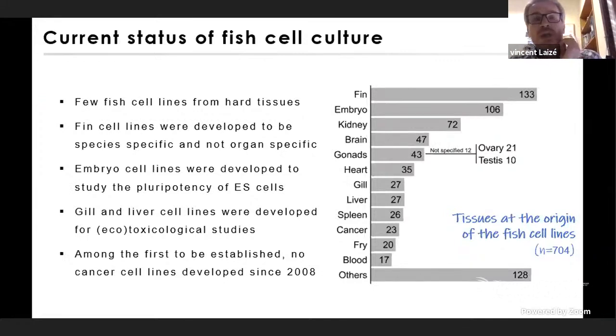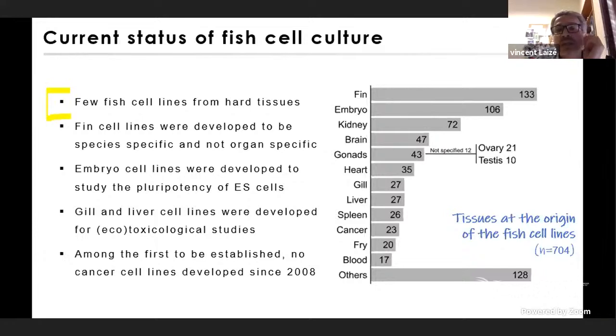If we look a little bit at the tissues that are represented by these cell lines, the information in the Cellosaurus was not sufficient, was not homogeneous, so I could not take any information about the cell type. The only information I could get was about the tissue at the origin of these cell lines. The first thing I could see is that most of these tissues are soft tissue.